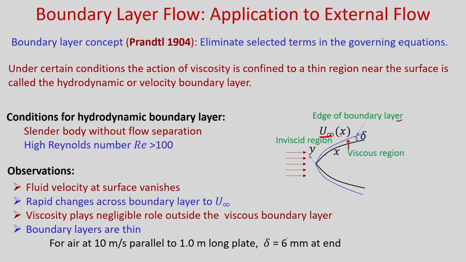Obviously 6 millimeter is very small compared to the length of the plate which is 1 meter. So, we can assume that boundary layer thickness is very small compared to its length.